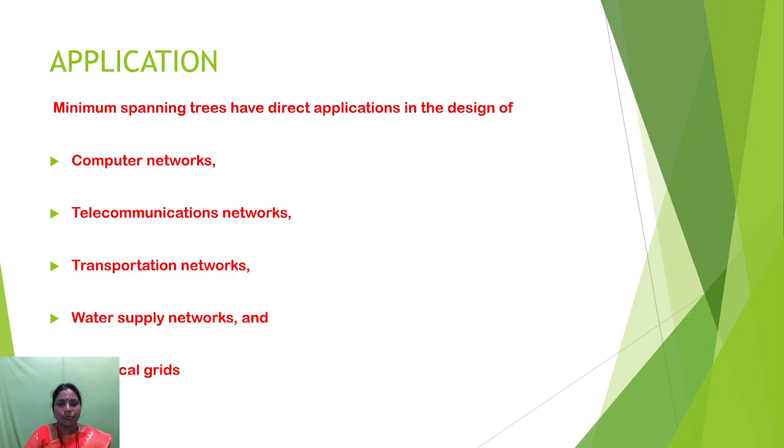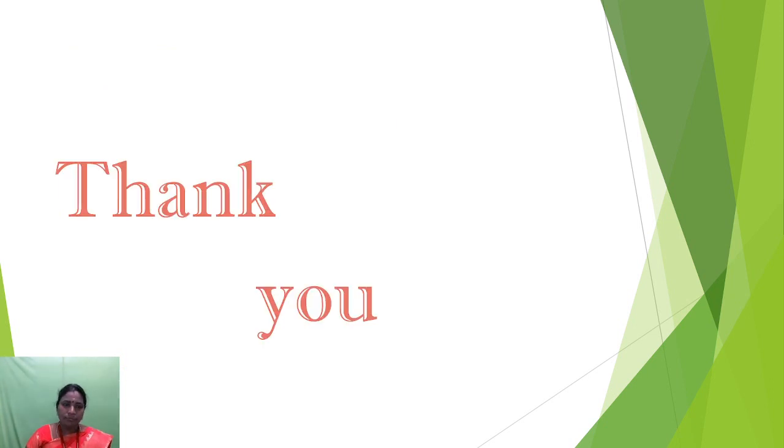In computer networks, we can connect a lot of systems and devices together. In communication also we need to connect and find the shortest path. So wherever we need to connect devices with the shortest or minimum weightages, we can go for the Kruskal algorithm.